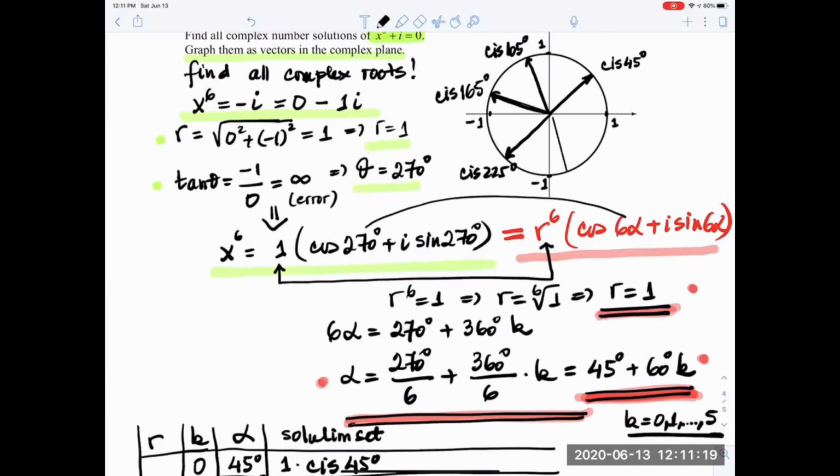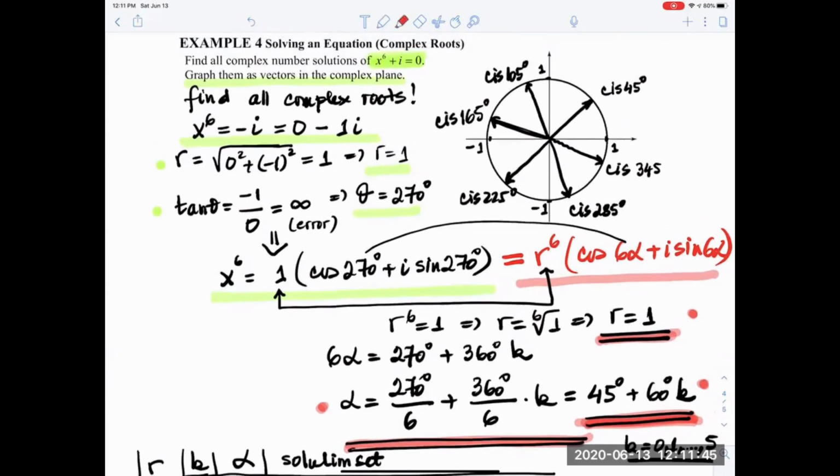Here we are. And the final is 345, opposite to this guy. One is an extension of the other one. But here they are. We found all of them.